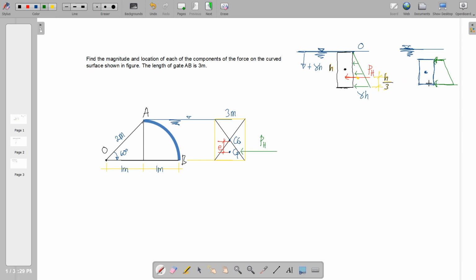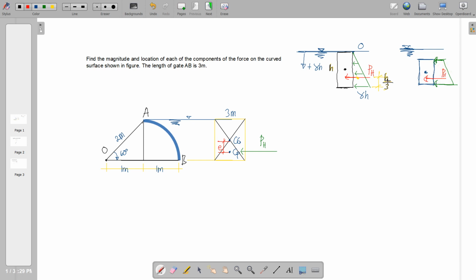Again, in this case, we are going to locate your pH by your E. So that is below the center of gravity.